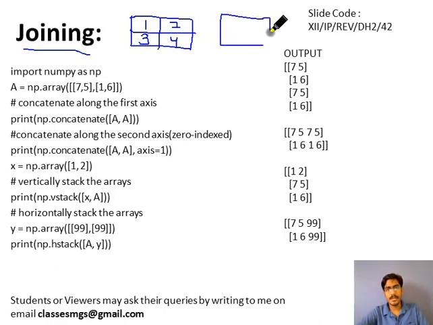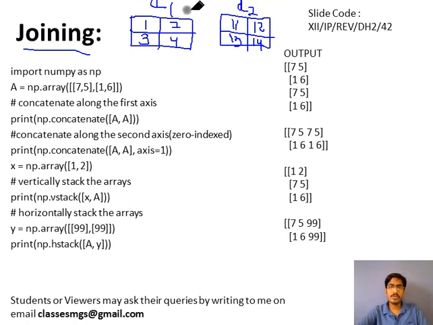Let's suppose this is another array, having the elements 11, 12, 13 and 14. So let's suppose this is an array A1 and this is an array A2.